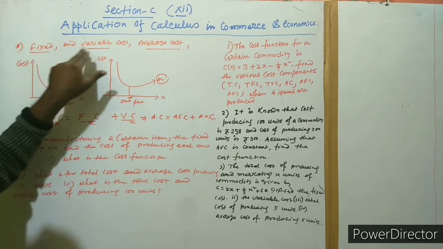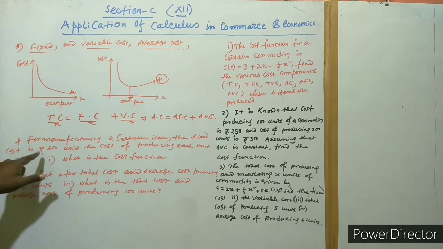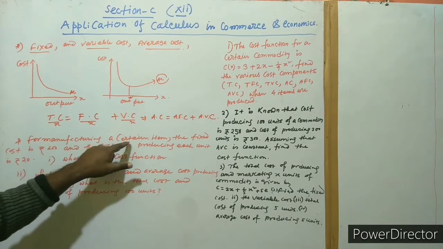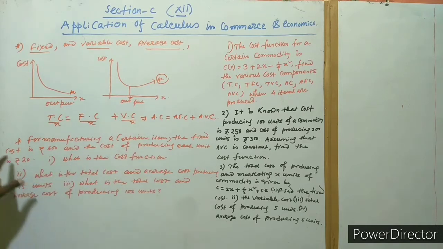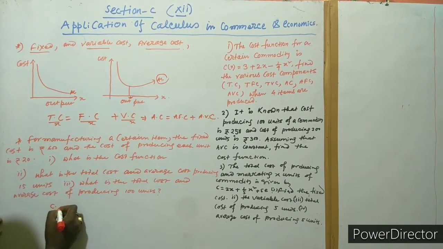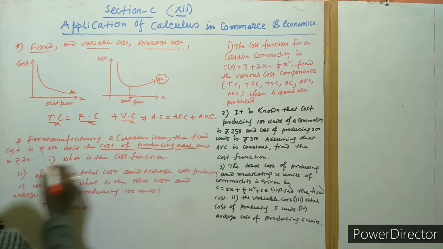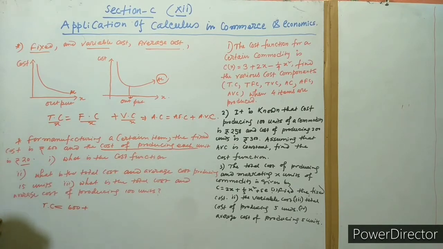There is a fixed cost, average variable cost, and average cost. Now here is a question: for manufacturing a certain item, the fixed cost is 6000. This is the cost function, the total cost. The cost of producing each item is 20 rupees.